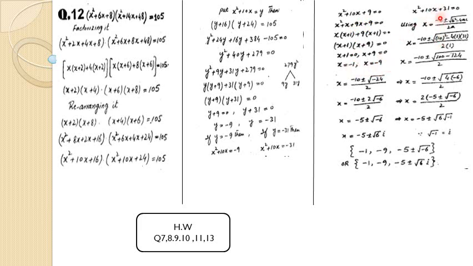Here we cannot make the factors, so we put the formula, because you know that there are 3 ways to solve any quadratic equation. The first is by making factors, then by completing the square, and the last is the quadratic formula. Okay, so this is the thing. Now question number 7, 8, 9, 10, 11, 13 are homework, because they are all the same as question number 12 and the previous question.